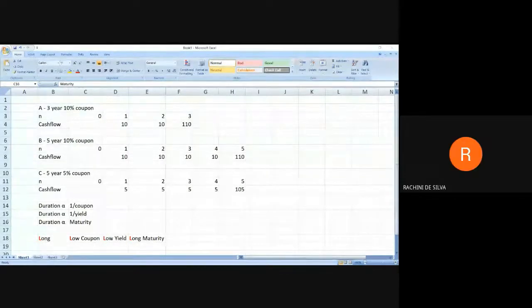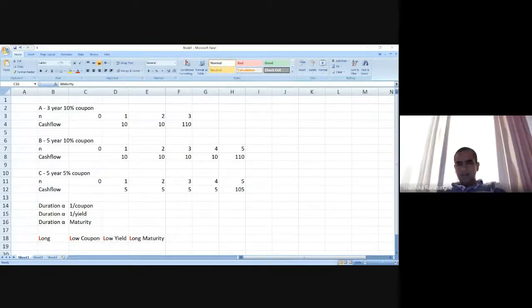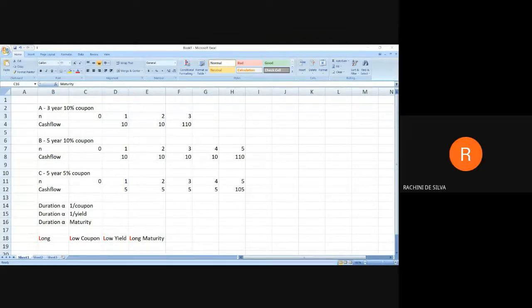Since duration and maturity have a relationship, why is it that the higher the coupon, the lower the duration, but it doesn't apply that way to maturity? The higher maturity doesn't apply with the higher coupon, no?